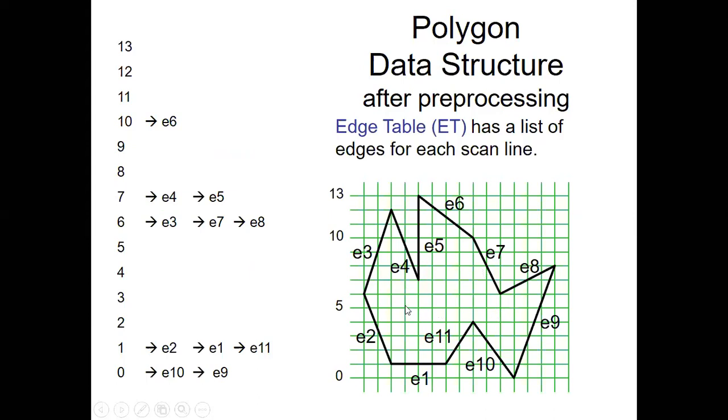I have carefully designed this slide and added some animations. Please look at this. This is my initial edge table: E0, E10, E9, E1. Edge 1 is E2, E1, E11, 2, 3, 4, 5. No, 6th one is E3, E7, E8.